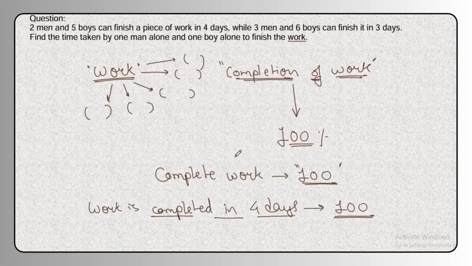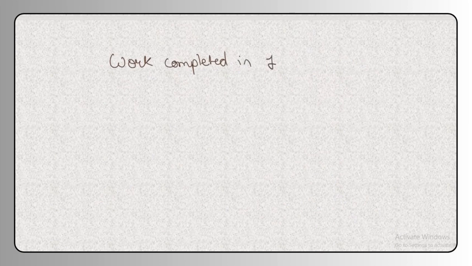Similarly, if let's say we need to know how much work is completed in one day. The work completed in one day would be, what is the total work, that is 100, and how much time it took to complete this, 4 days. So the amount of work completed in one day would be 100 upon 4.